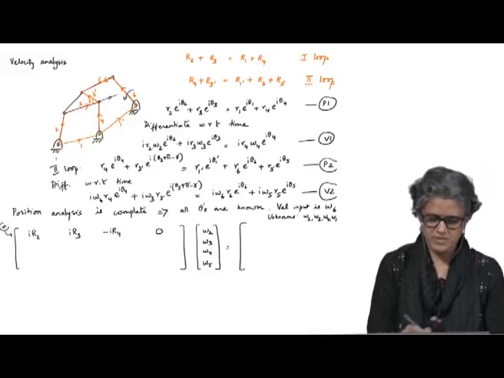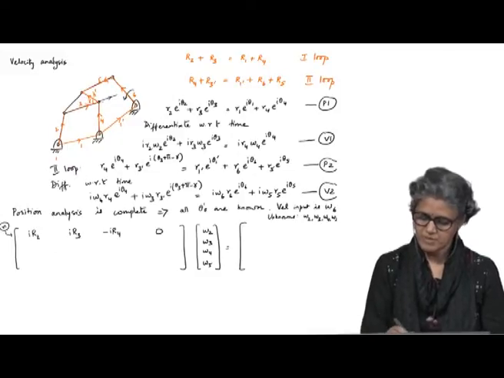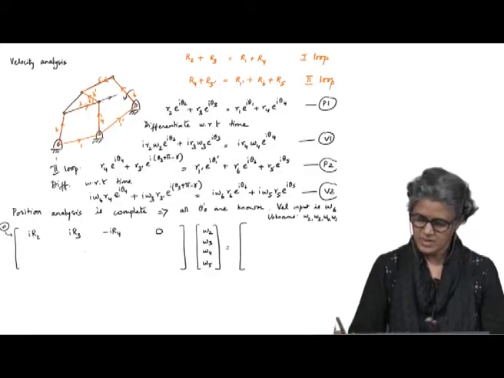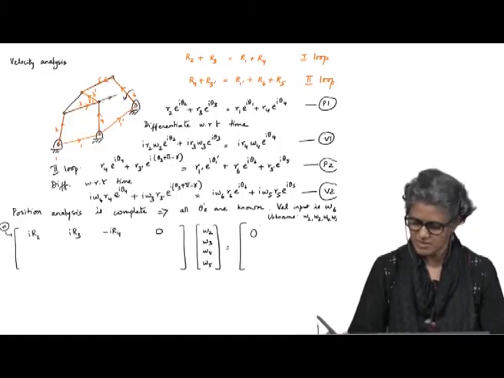V1 gives me this. From V2 I have, and this side is 0. So, I should actually have 4, right, 0 0.